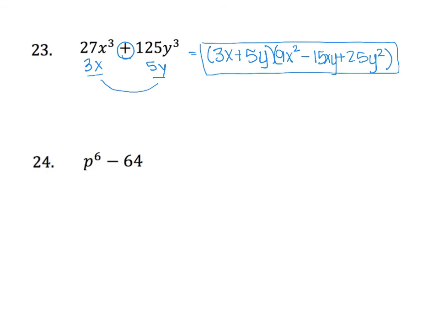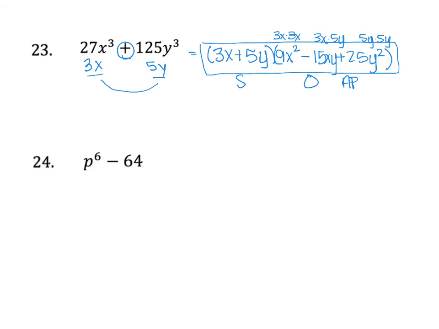So again, it was 3x times 3x, 3x times 5y, and 5y times 5y. The two parts, right? Each one multiplied by itself and then multiplied together in the middle, and using our same sign, our opposite sign, and our last sign is always positive.